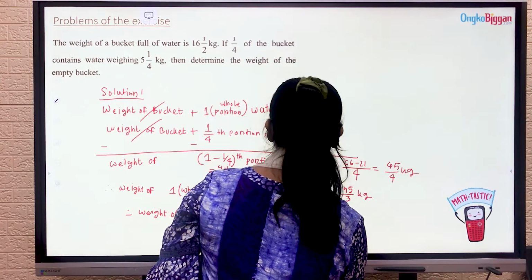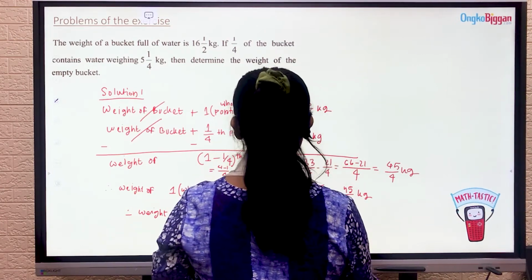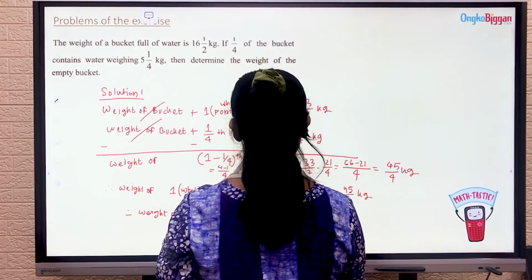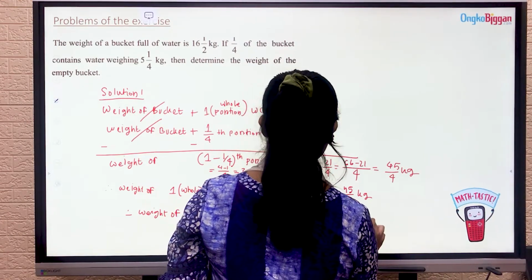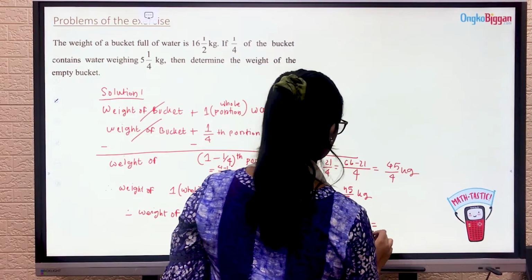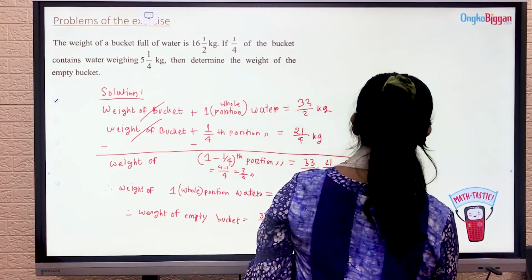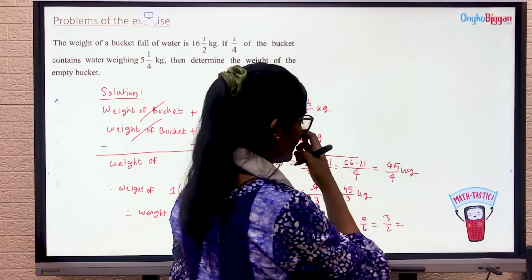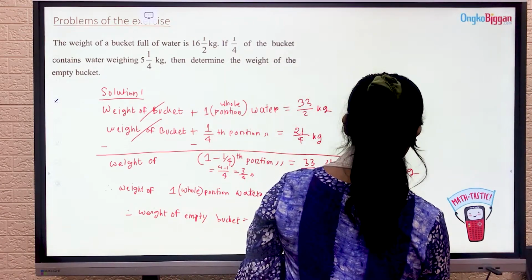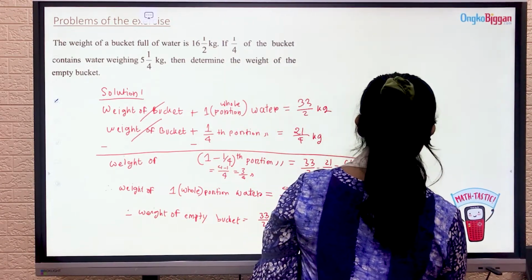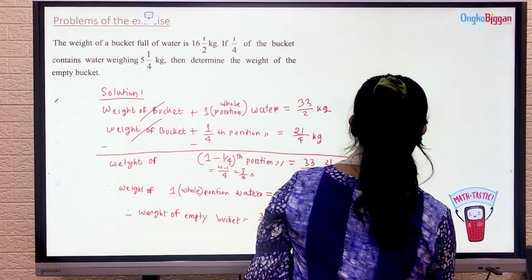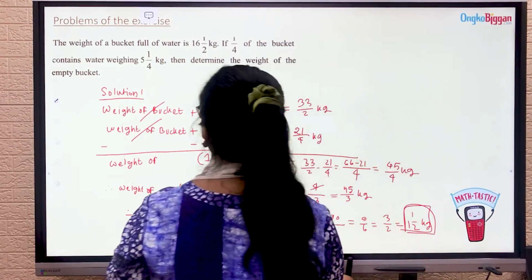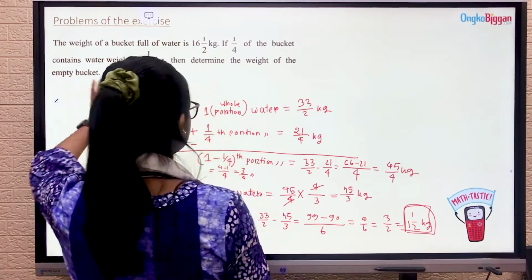So here we get 6 divided by 2, we get 3. So 99 minus 90, so 9 minus 6 equal to 3 by 2. If we convert it into a mixed fraction, we get 1 1 by 2 kg. Okay. So this is our required weight of the empty bucket.